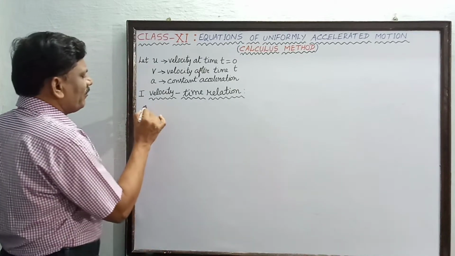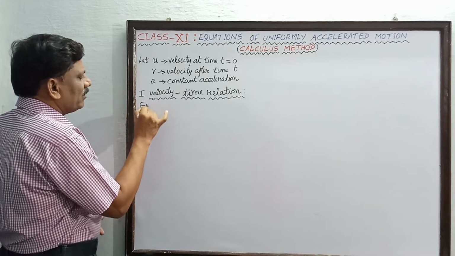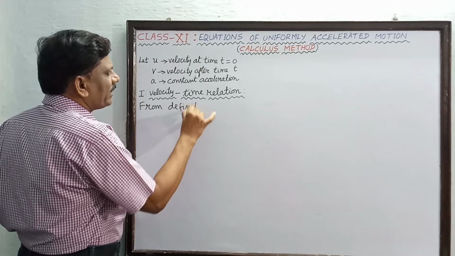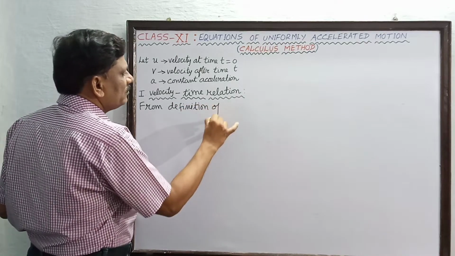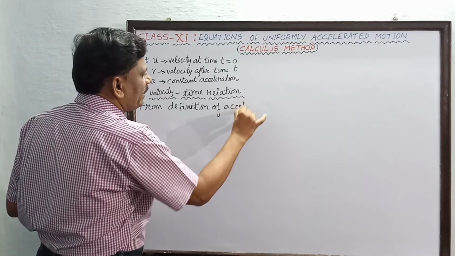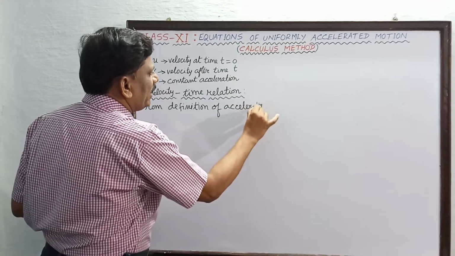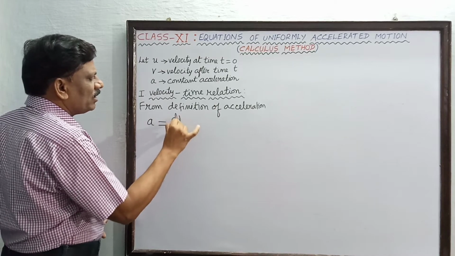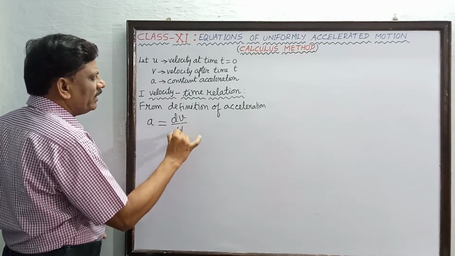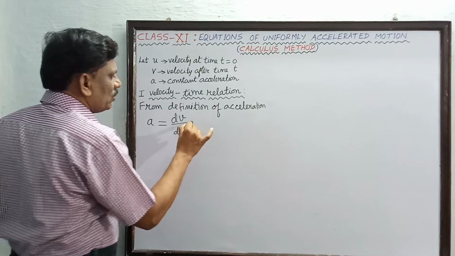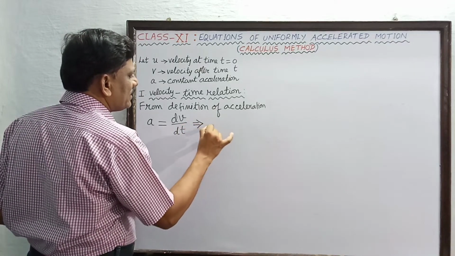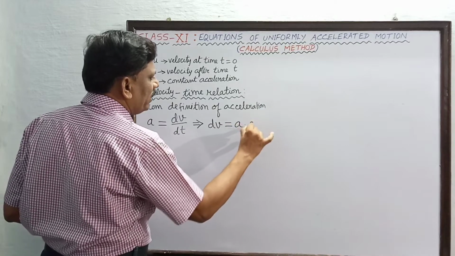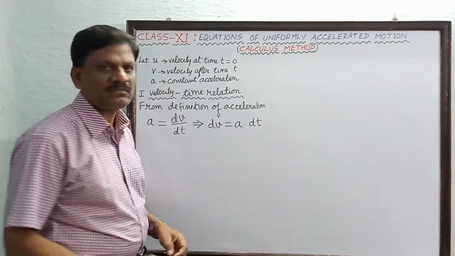So for that, from the definition of acceleration, how will you define acceleration? It is the rate of change of velocity. So a is equal to dv divided by dt. So this equation implies dv is equal to a into dt.